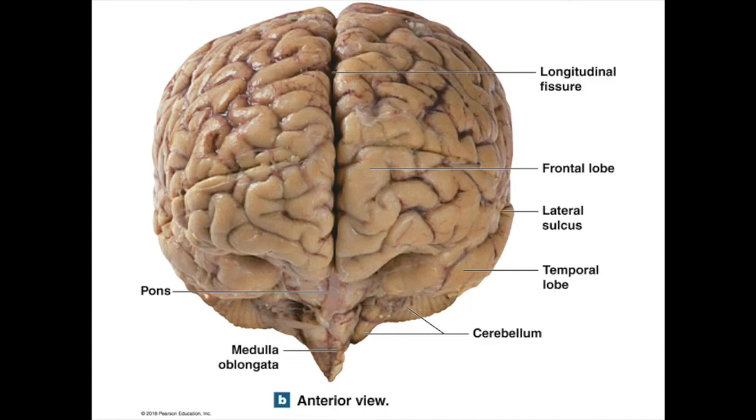So you see the frontal lobes, the most anterior portion of the brain, and underneath, perhaps not the best view, the temporal lobes. And you see the separation of the frontal and the temporal being made by something called the lateral sulcus.